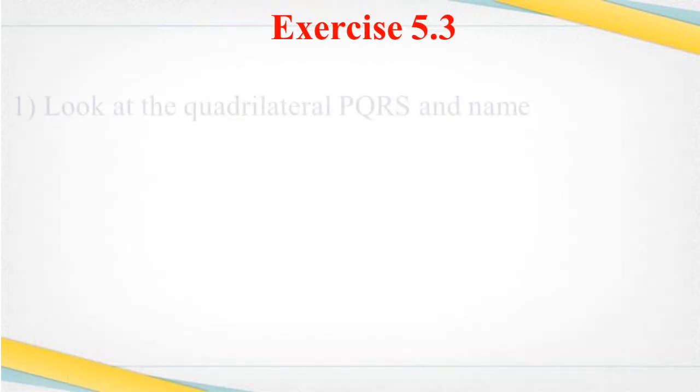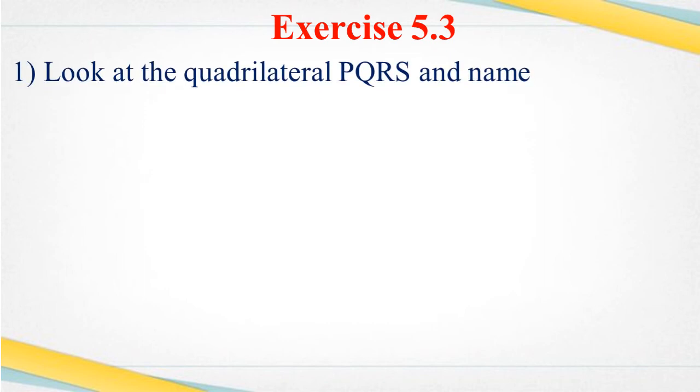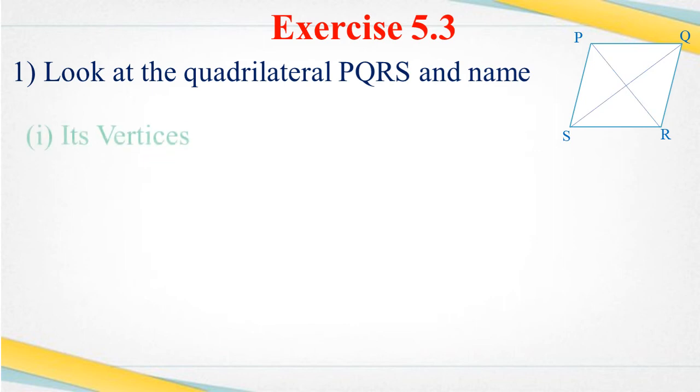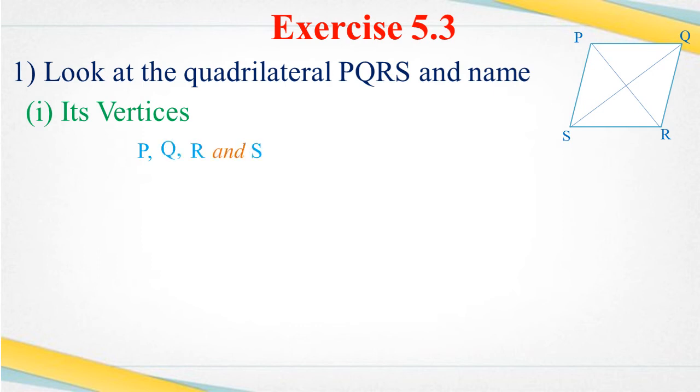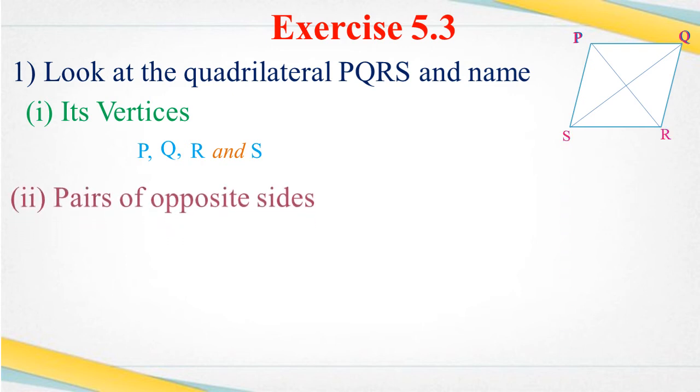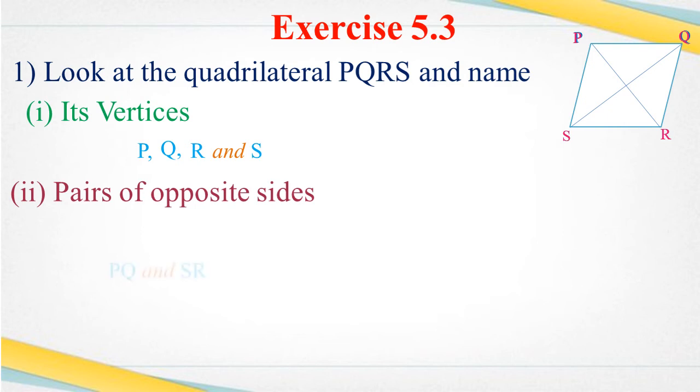Exercise 5.3. Look at the quadrilateral PQRS and name: first one, its vertices. The vertices are P, Q, R, and S. Then, pairs of opposite sides.